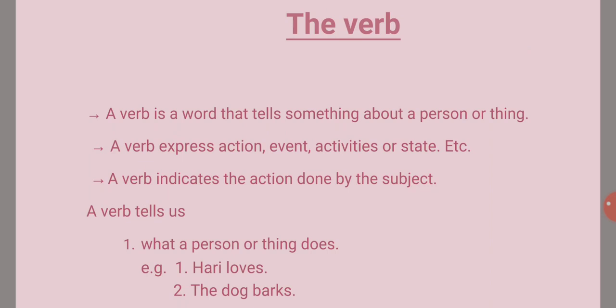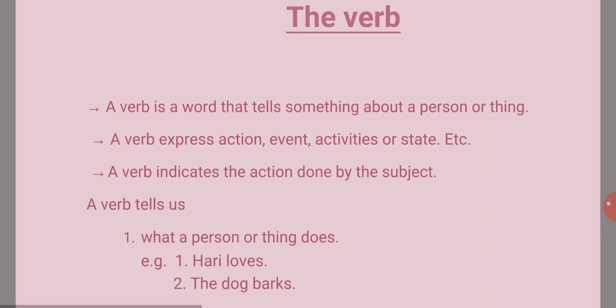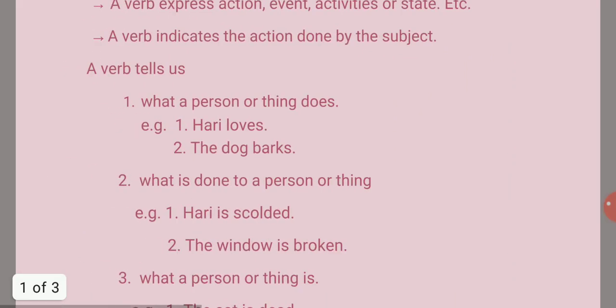So we can easily say that the verb, which shows an action, event, activity or a state of the subject in the sentence, changes itself in two ways, that is regular verb and irregular verb.